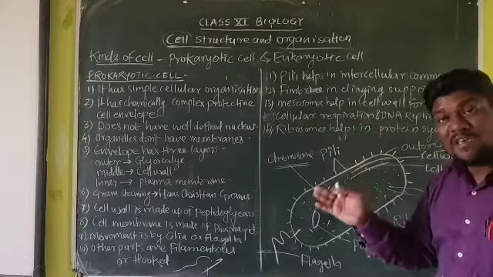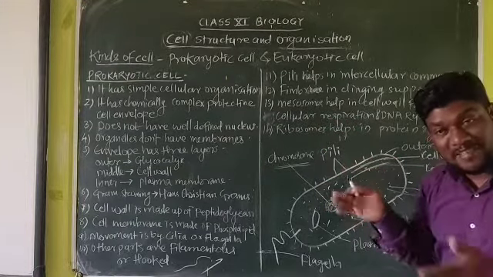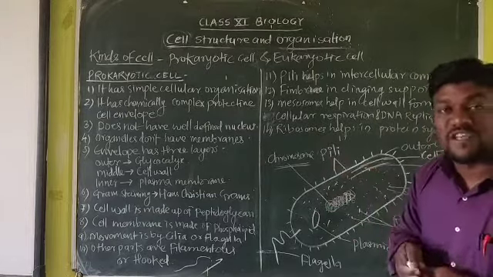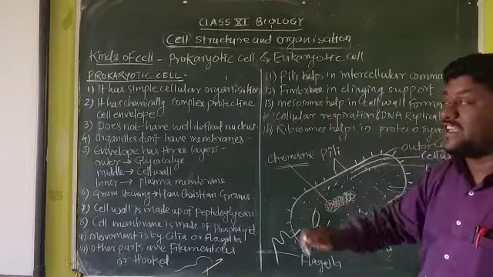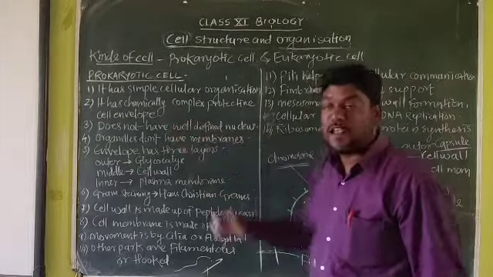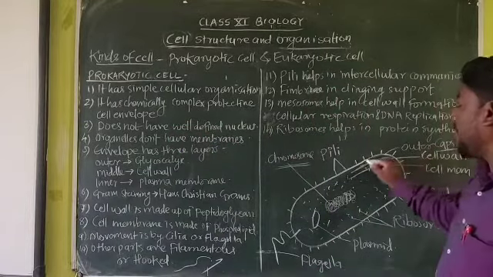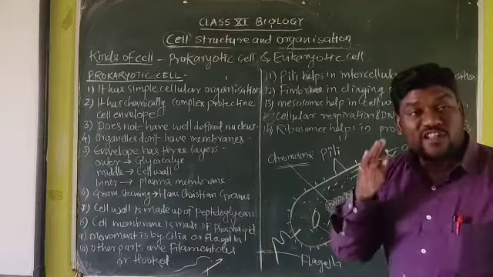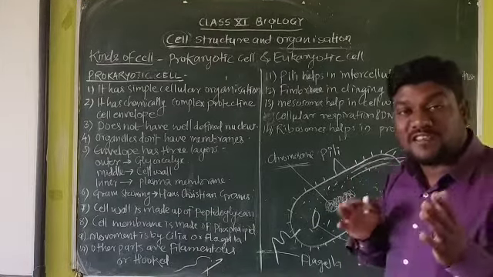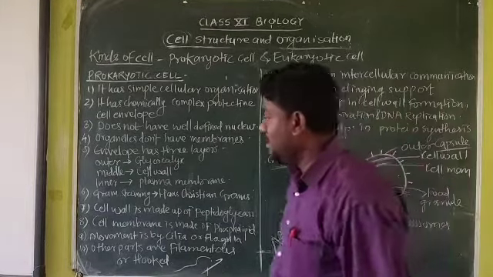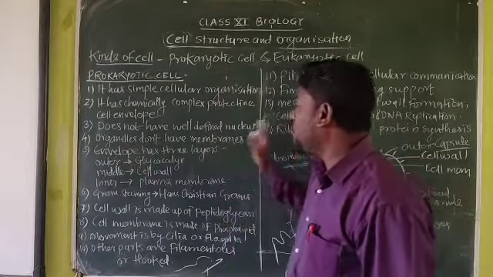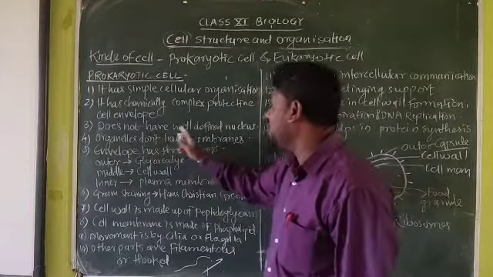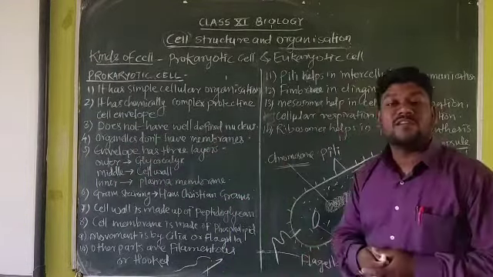What? A chemically protective layer present on the outermost side of the prokaryotic cell. It's called a cell envelope and capsule. The outermost layer is also called a capsule and it is chemically protected.